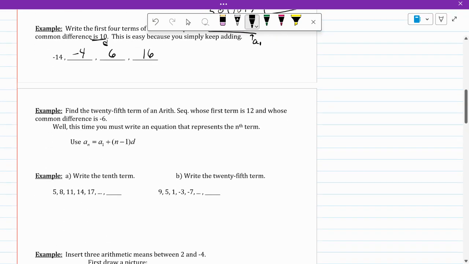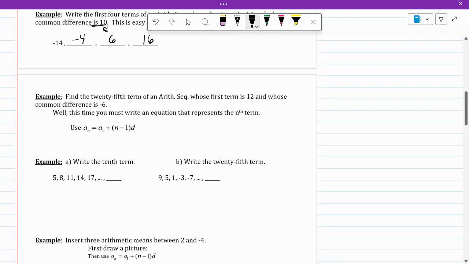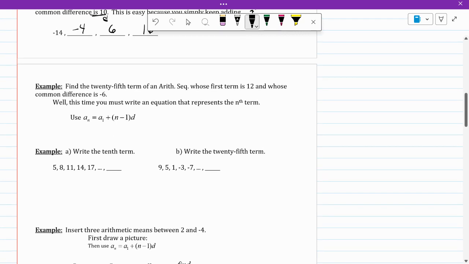Let's look at the next example. Find the 25th term of an arithmetic sequence whose first term is 12 and whose common difference is negative 6. Okay, so we're going to use this formula. The first term is 12, so that's a sub 1. The common difference is negative 6, so there's my d. So we're going to find the 25th term. So that's n. My n is 25 in this case.